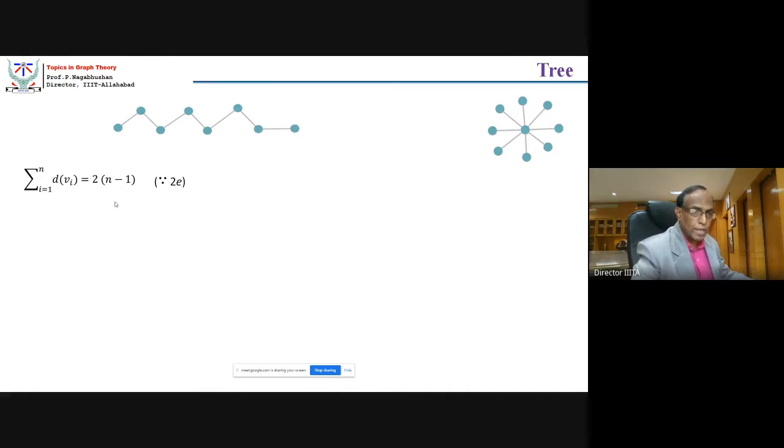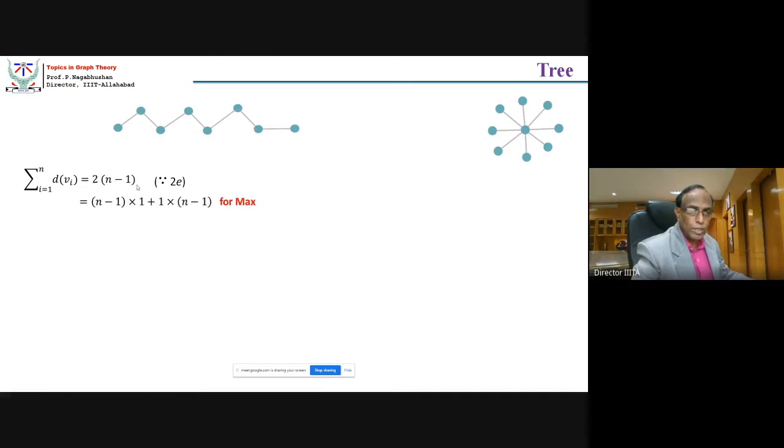Now let us see how I can split this 2 into n minus 1. You take up this graph, the Hamiltonian tree graph. There are 2 vertices of degree 1, and all the remaining, how many remaining are there? n minus 2 vertices are of degree 2. The summation should be equal to 2 into n minus 1.